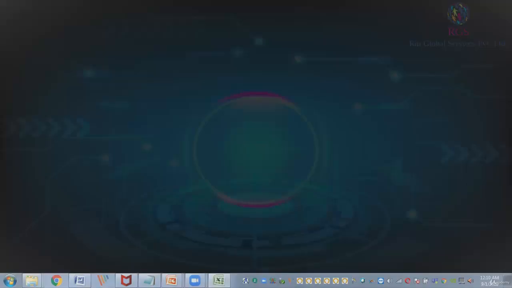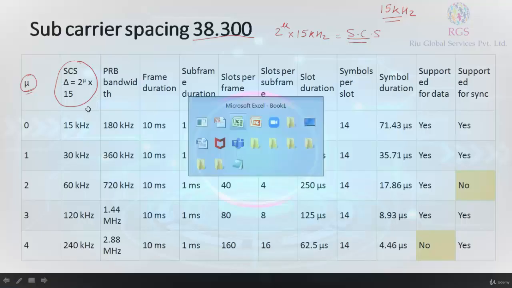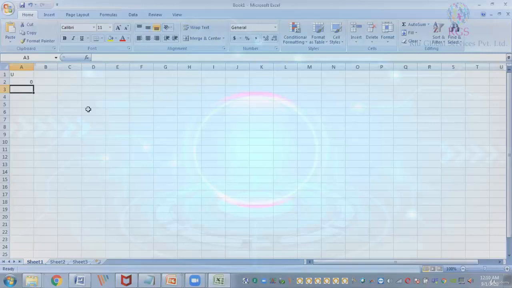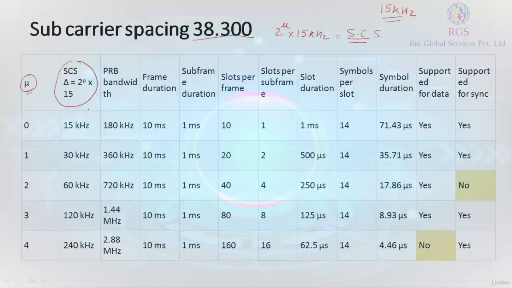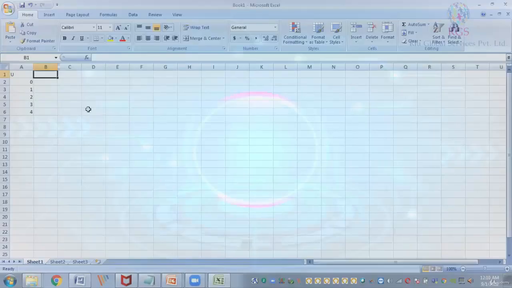Numerology could be defined as 0, 1, 2, 3, and 4. So 5 numerologies are possible, and our subcarrier spacing could be 2 to the power of mu times 15 kilohertz.